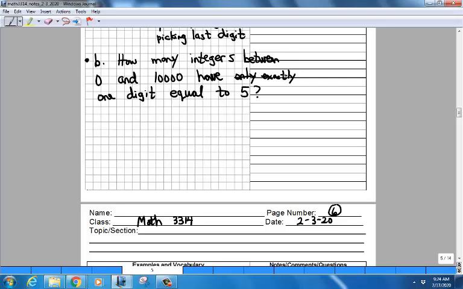So you've got exactly one digit equal to 5. But remember, the numbers have to be between 0 and 10,000. So it doesn't include 0, but that doesn't have exactly one digit equal to 5 anyway, so that's not going to be in there. It doesn't include 10,000 either, because 10,000 also doesn't have a digit equal to 5.